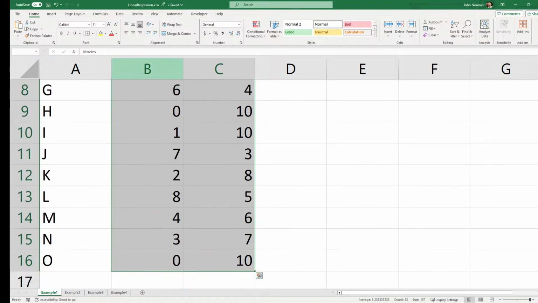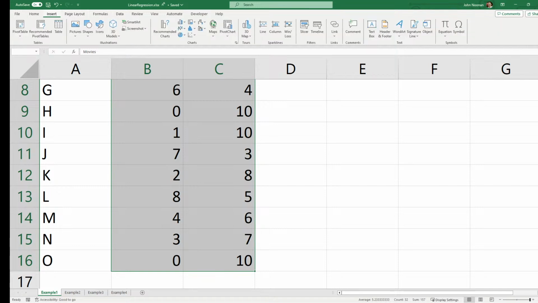Okay, so there it is. Highlight your data. Let's see if I can figure this out. Data, and then you go up to insert. There it is, insert, and you're going to insert a scatter plot, and we'll just pick the scatter plot right there.